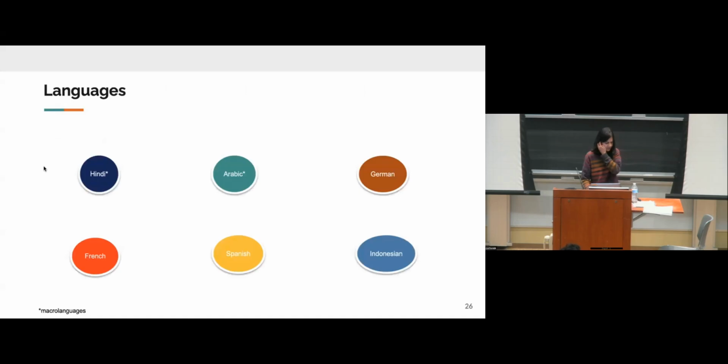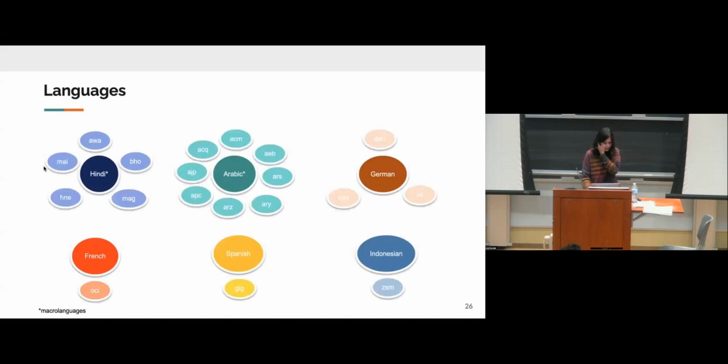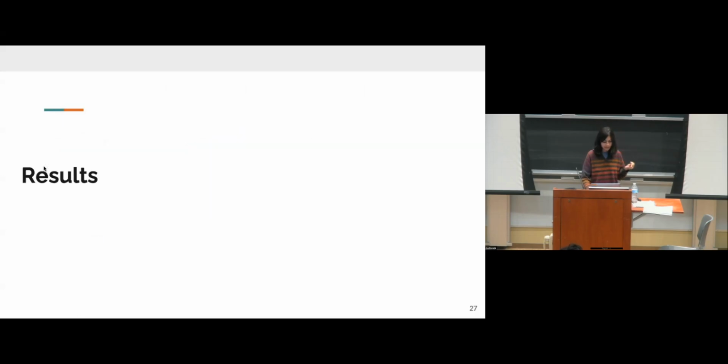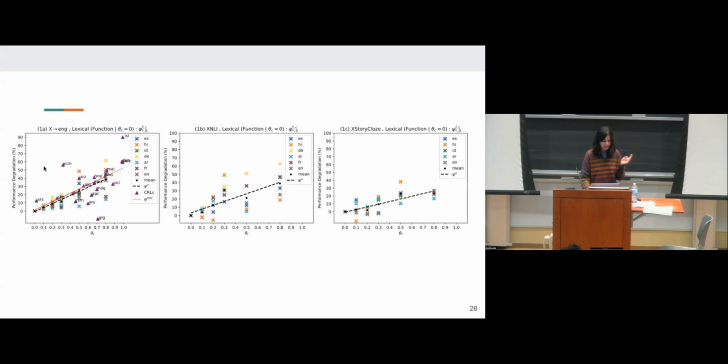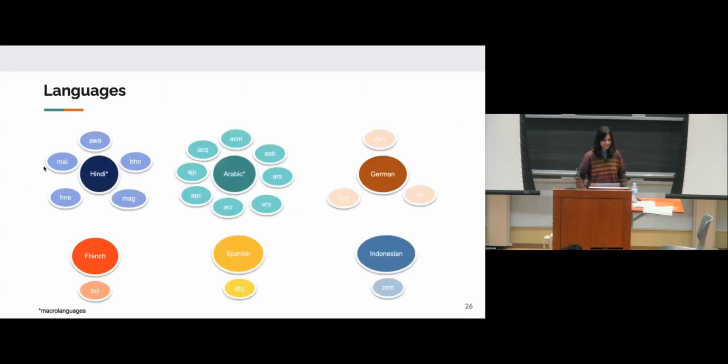Here are the languages that we work with, and here are the low-resource languages that are related to them. These language families, like these dialects, really differ a lot in how close they are to the HRL.